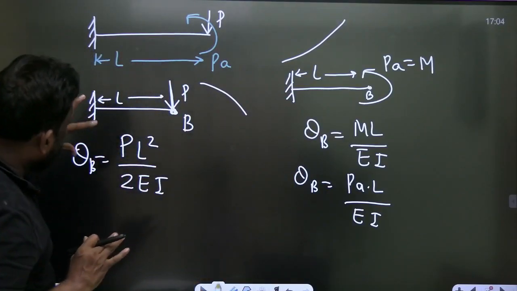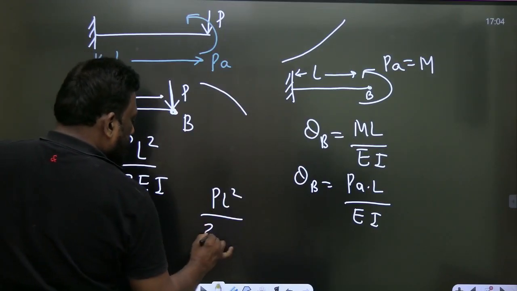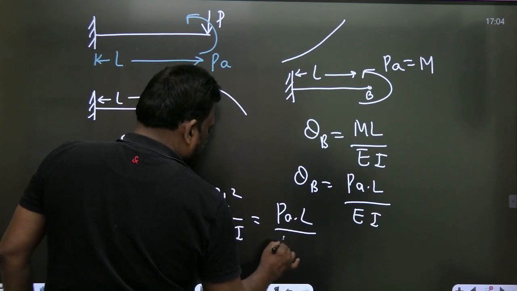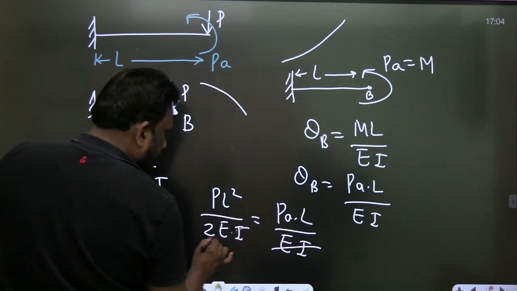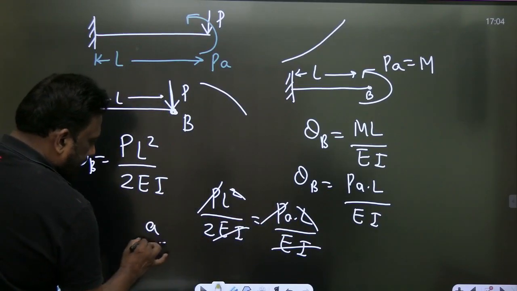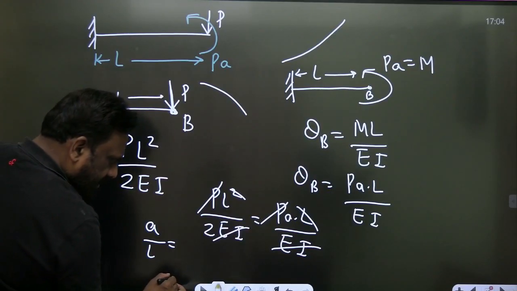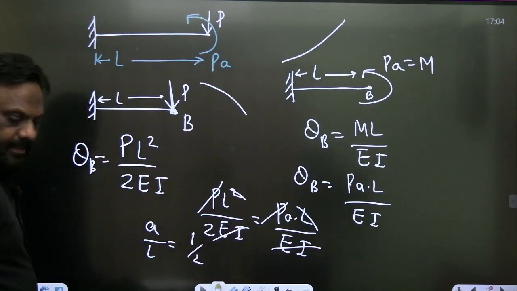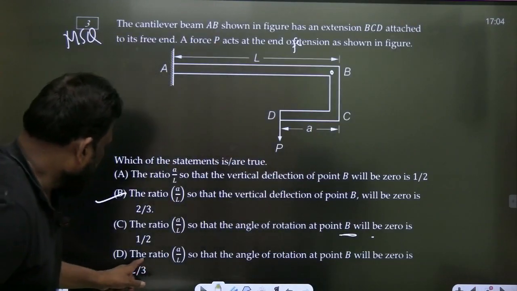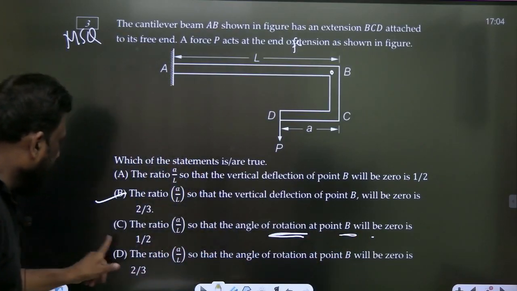Equate the slopes: PL square by 2EI must equal PAL by EI. EI, P and L cancel, so A by L is 1 by 2. So when the rotation, meaning slope, is 0, A by L is 1 by 2.